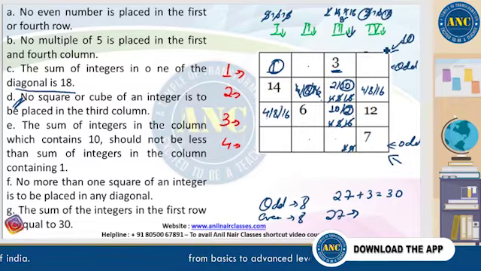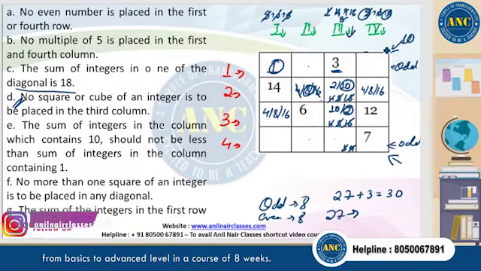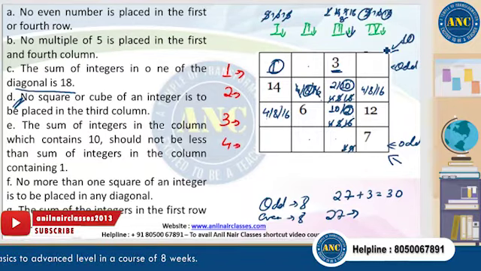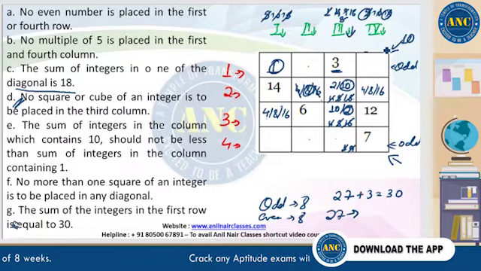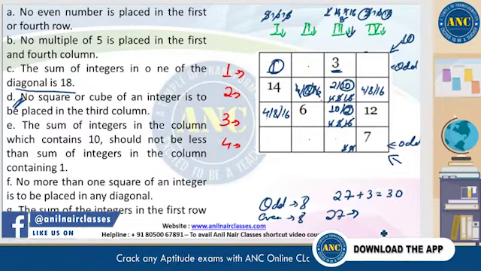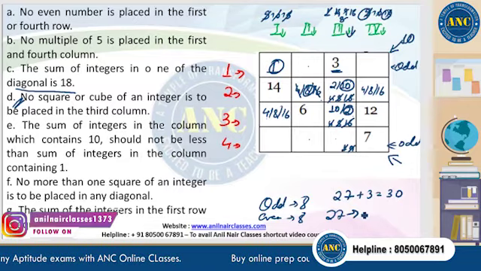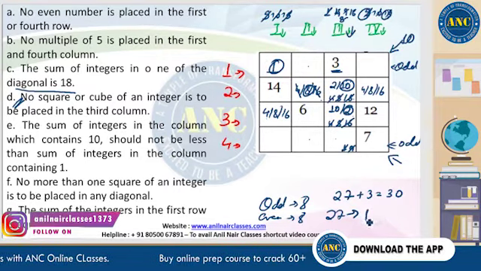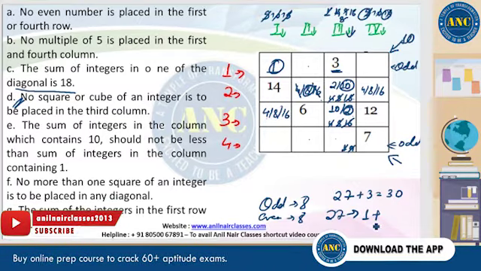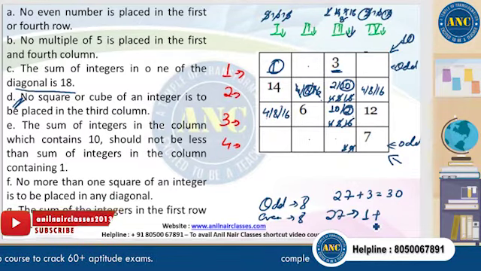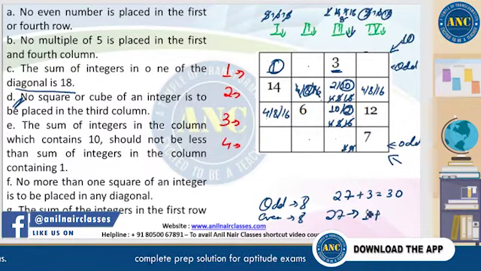Now we need to place some number along the other diagonal. Looking at the total, 27, out of that we have already discounted 1, and we need the sum of the other two numbers to equal 26.